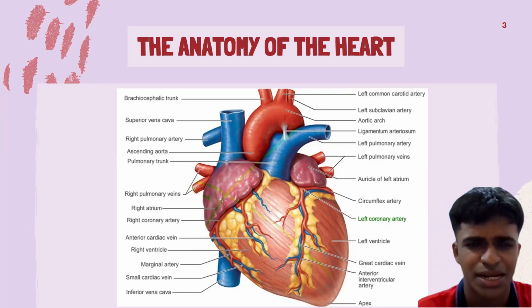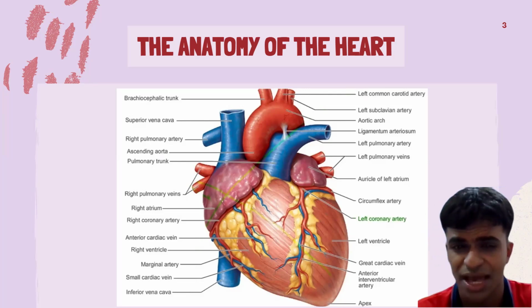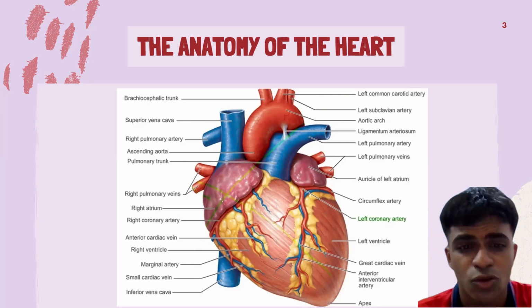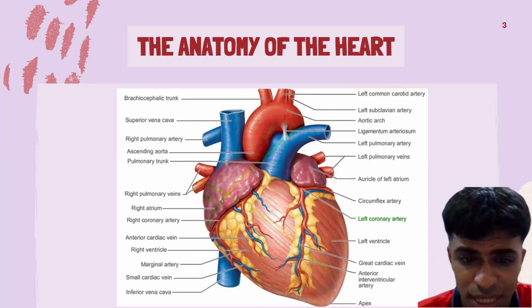Oxygenated blood from the lungs returns to the left atrium via the pulmonary veins and then to the left ventricle, which pumps it to the whole body through the aorta.